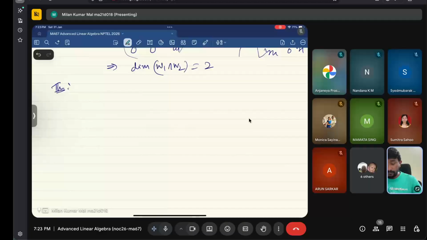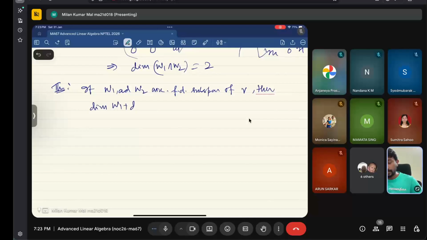The theorem says that if W1, W2 are finite dimensional subspaces of V, then dimension of W1 plus dimension of W2, which in our case is 4 each, equals dimension of W1 plus W2 plus dimension of W1 intersection W2.